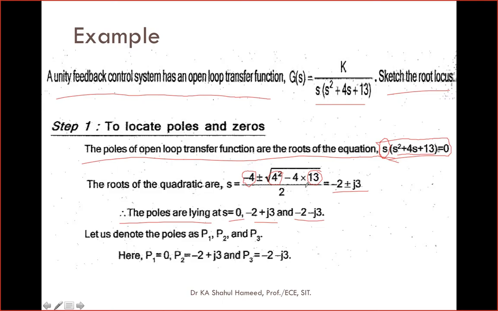Let us denote the poles as P1, P2, P3. So we are assuming P1 is equal to 0, P2 is equal to minus 2 plus j3 and P3 is equal to minus 2 minus j3. So first step முடிஞ்சிடுச்சு.